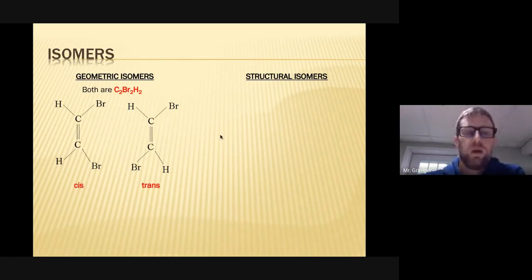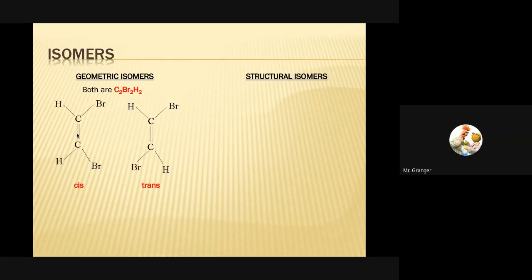We call the isomer on the left, because the Brs are on the same side of the double bond, both on the right, a cis isomer. If they cross over the double bond, like the one on the right that has Br on the right and on the left of the double bond, this is called a trans isomer.